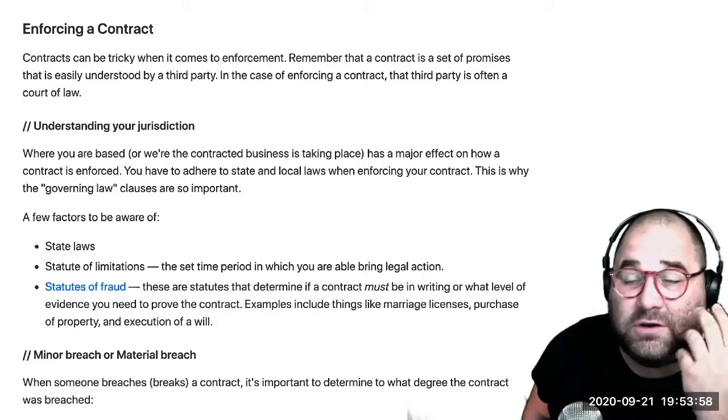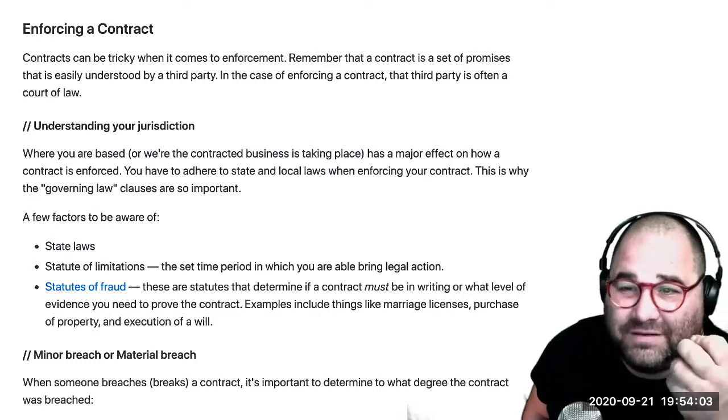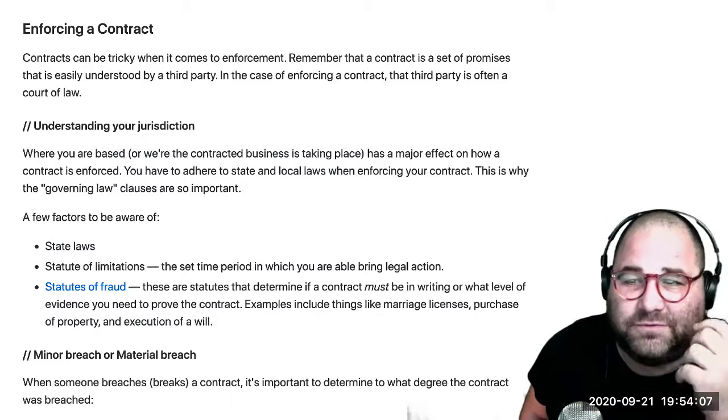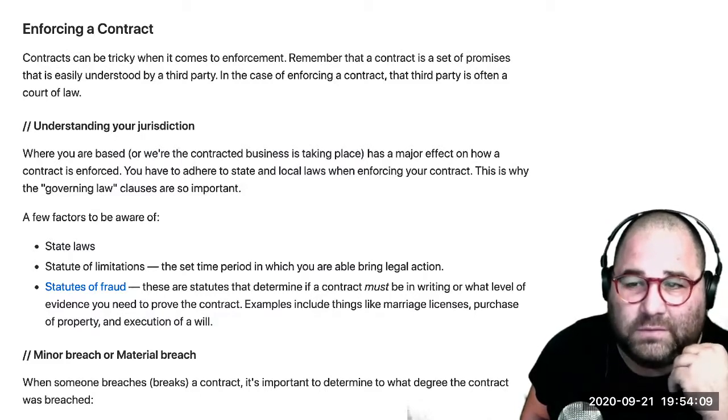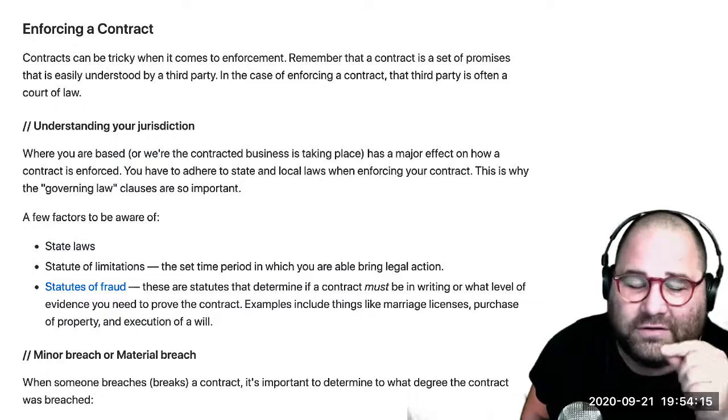One thing is you need to know your jurisdiction. Where are you based, or where is the contracted business taking place? This has a major effect on how it's enforced. You have to adhere to state and local laws when you enforce a contract. This is why the governing law clauses you see in contracts are so important.